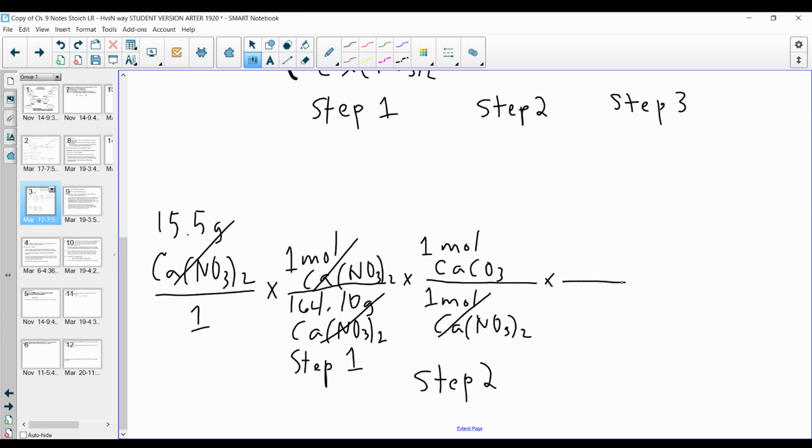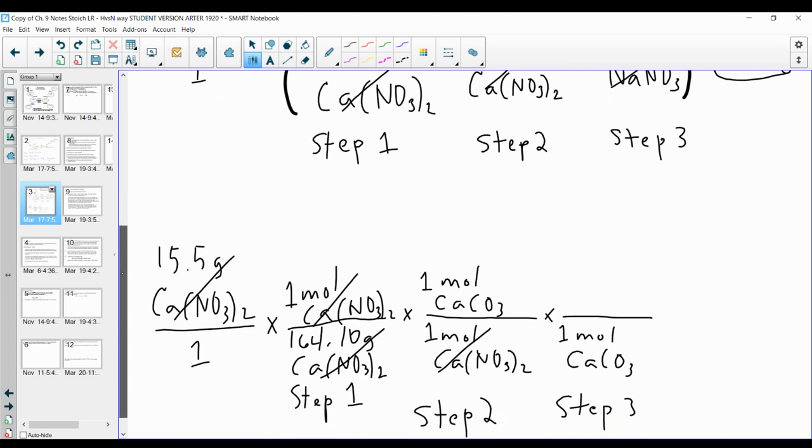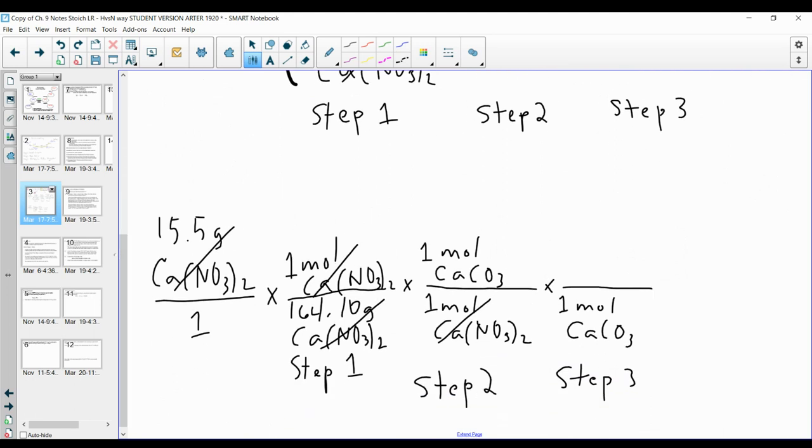And now we can just do, again, that same final step, because we're converting to mass. We're trying to get to grams. So we want to cancel the mole of the calcium carbonate. And then you would need that mass from the periodic table of calcium carbonate, which I realize now that I accidentally switched them. So this is 1 mole.